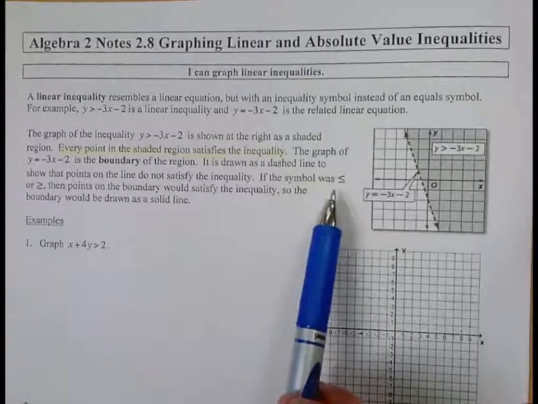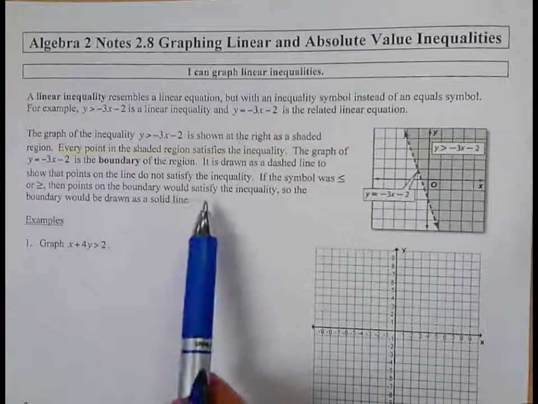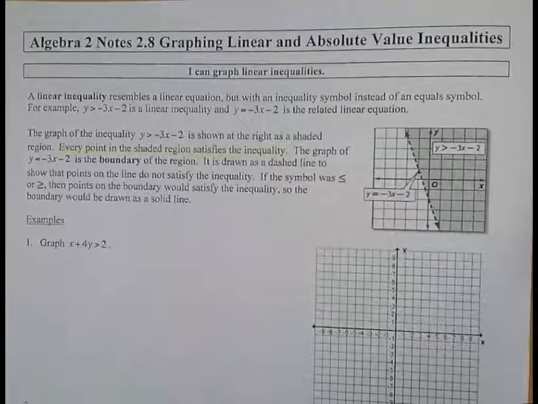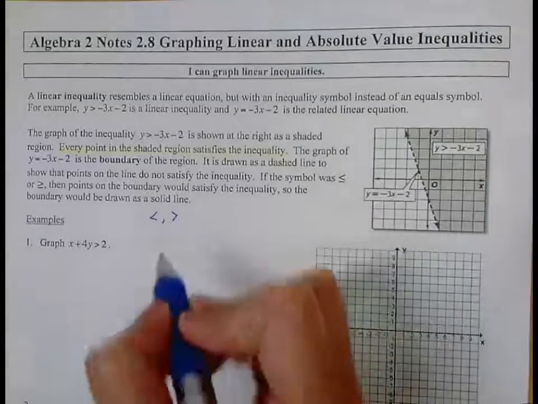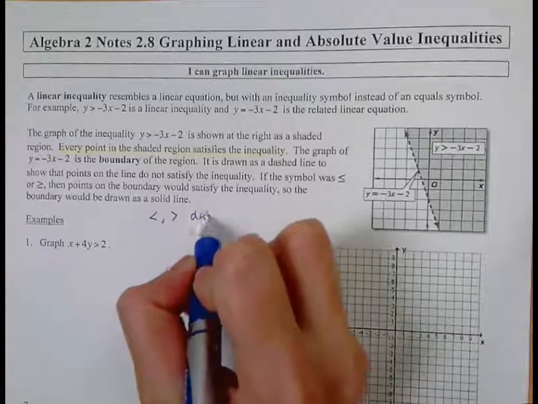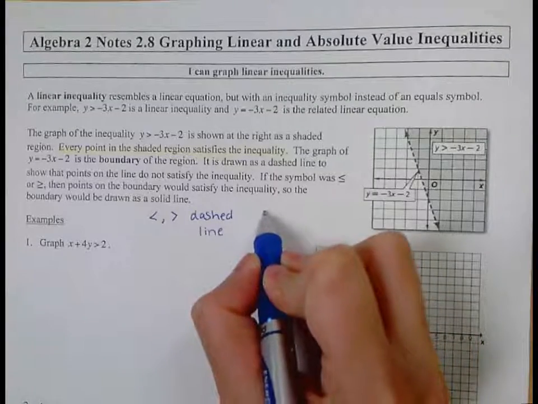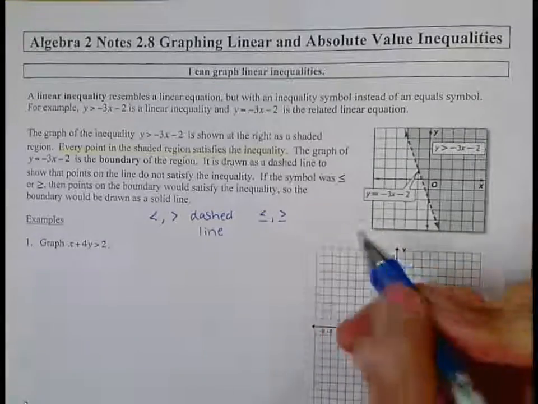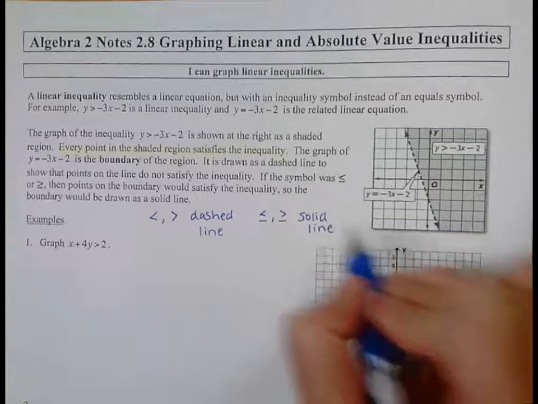If the symbol was less than or equal to or greater than or equal to, the points on the boundary would satisfy the inequality, so the boundary would be solid. Just as a note, if you have a less than or greater than symbol, you would use a dashed or a dotted line, and if you have less than or equal to or greater than or equal to, use a solid line.